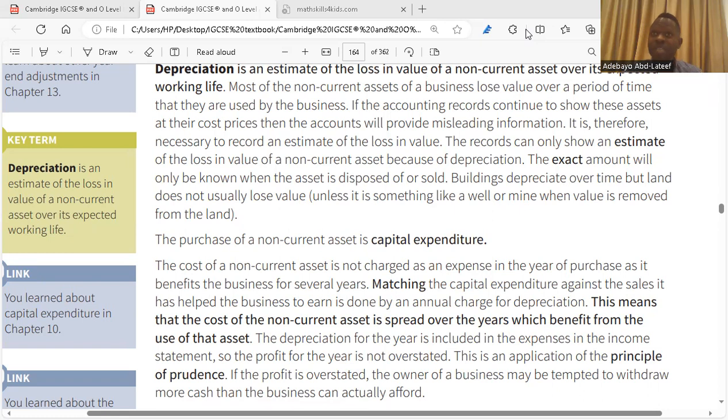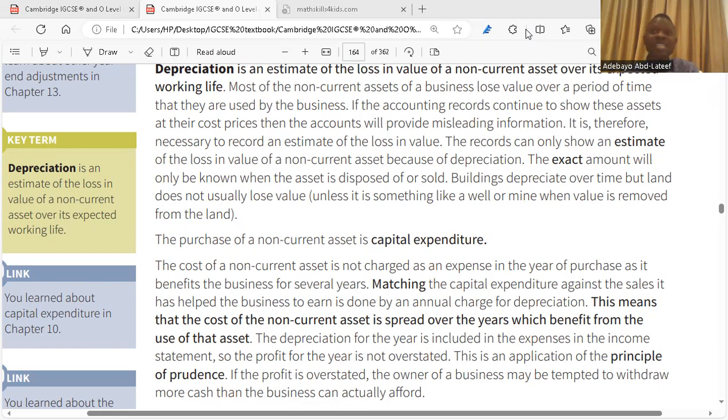So in as much as we are still using that asset, we can't know the true value until we want to dispose of it. So you bought it for 10,000. It will start depreciating, yes. But that doesn't tell you that that is the value of it now.